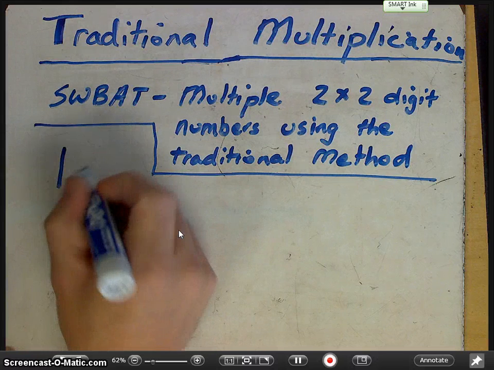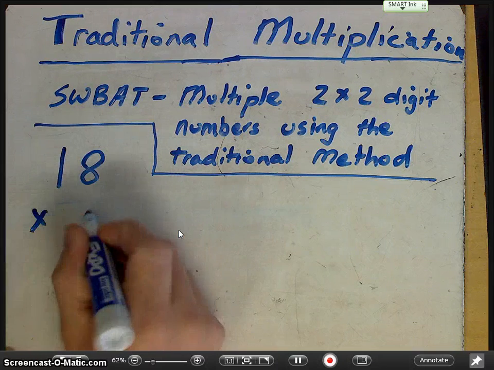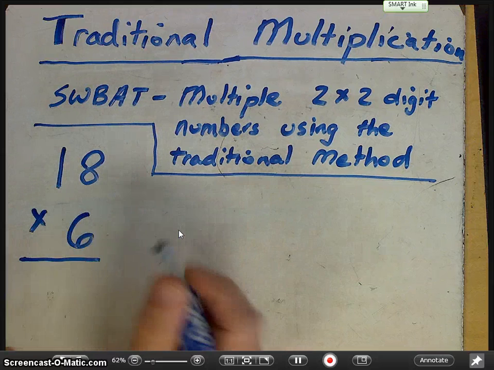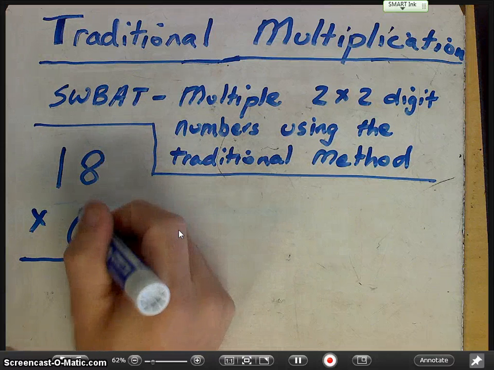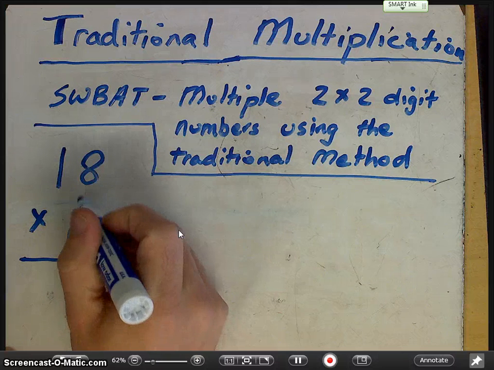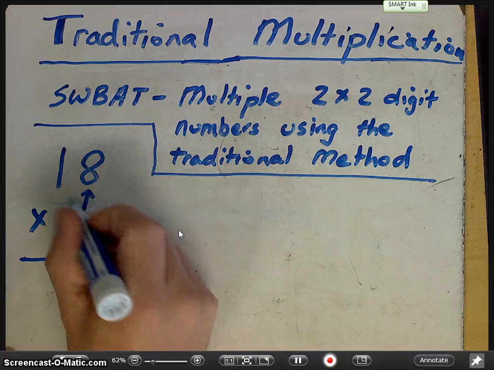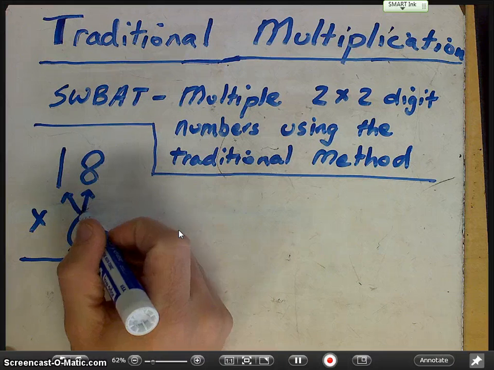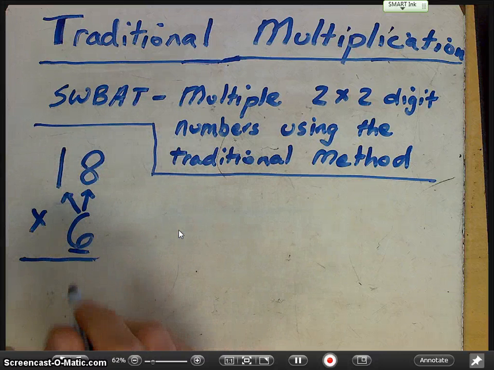So if I had the problem 18 times 6, using the traditional way, what I would do is start with my 1 spot, and I would multiply it by all my spots. So right here, I would do 6 times 8. Well, 6 times 8 is 48.